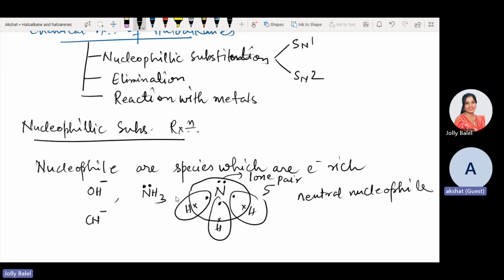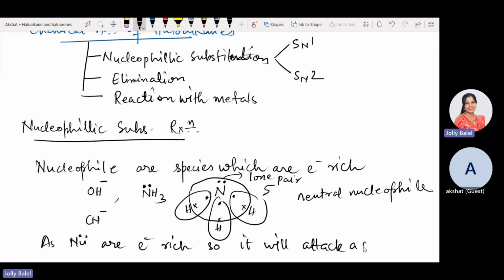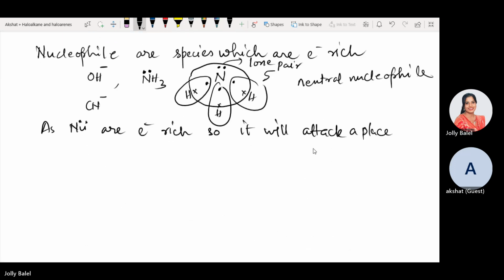As nucleophiles are electron rich, they will attack a place where it is electron deficient, because opposite charges attract each other.